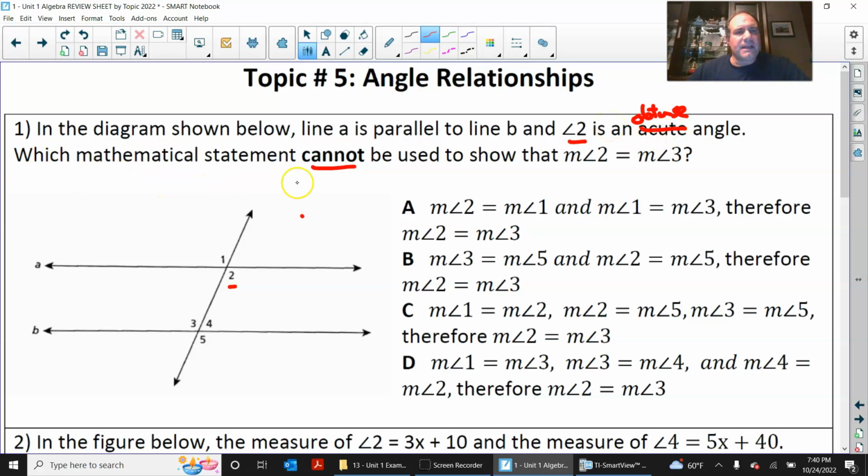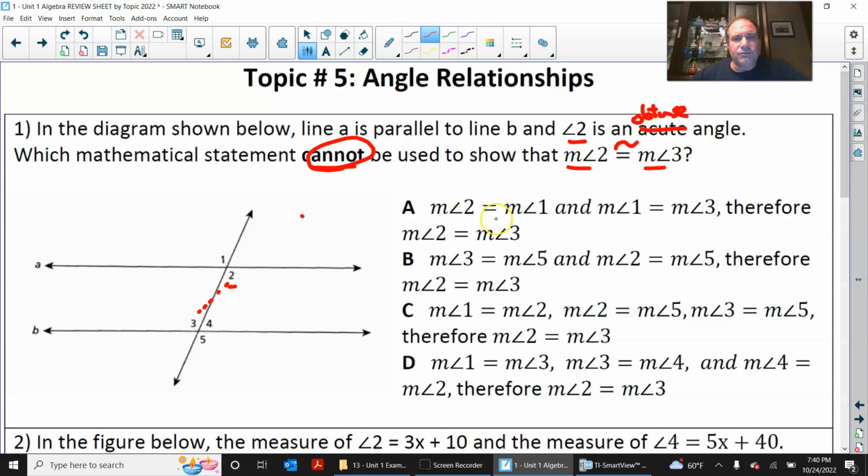All right. Which mathematical statement cannot be used to show that measure of angle 2 is equal to the measure of angle 3? It actually should be congruent. So 2 and 3, they're alternate interior angles and they're equal to each other. They're congruent. So which one cannot be used?